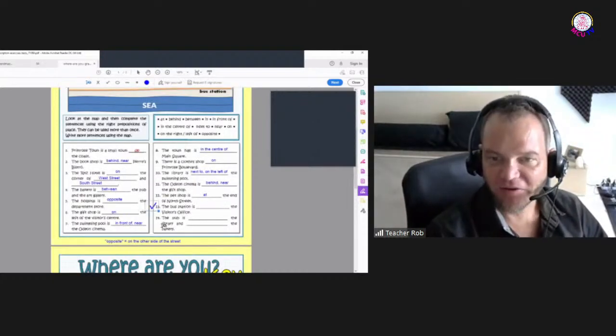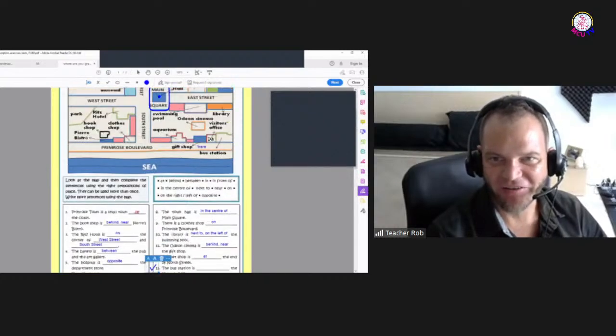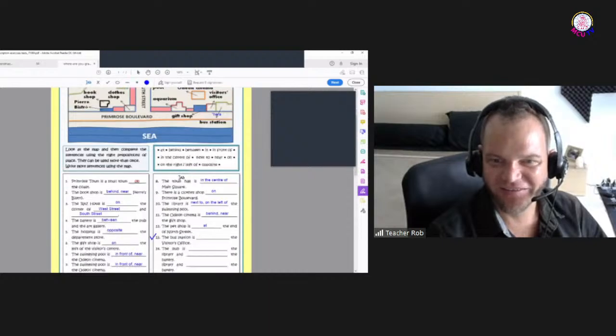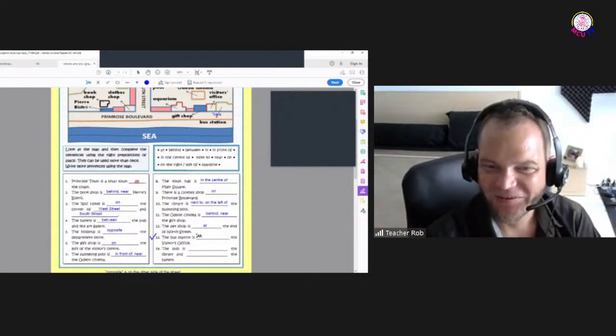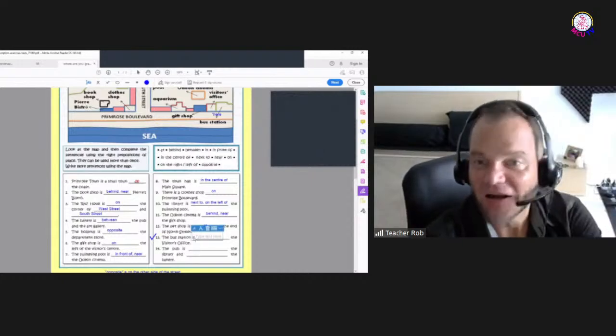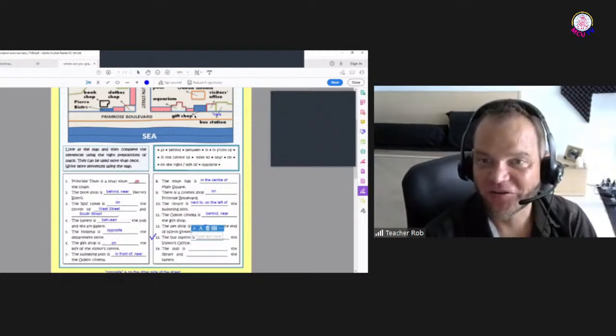So just a couple more, you guys. 13, the bus station. Now we say the bus station is blank the visitor's office. Now again, you are here on Primrose. So what would we say about the bus station and the visitor office? Two possible answers. Opposite. Not quite opposite. That would be if it was on the other side of the street.